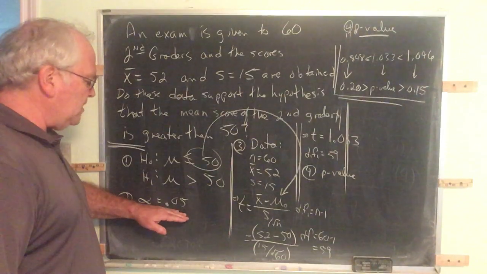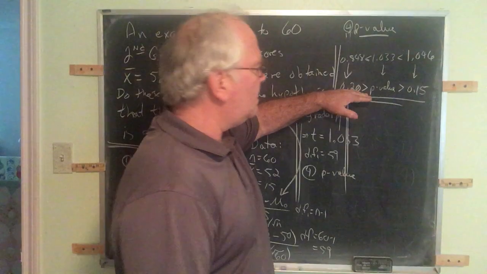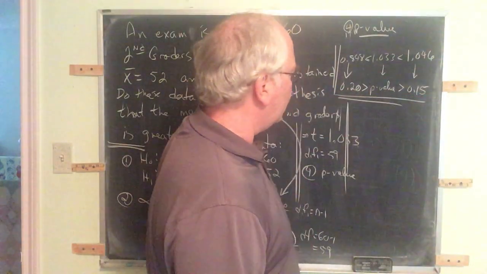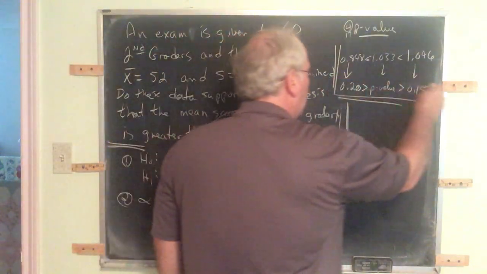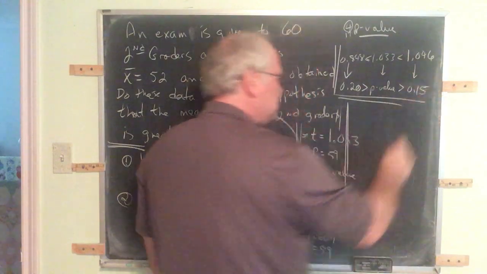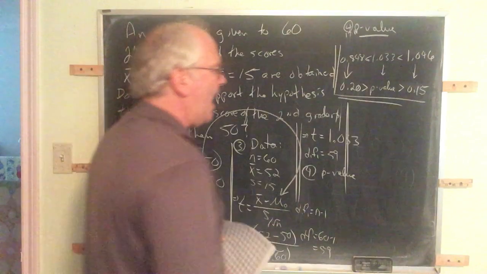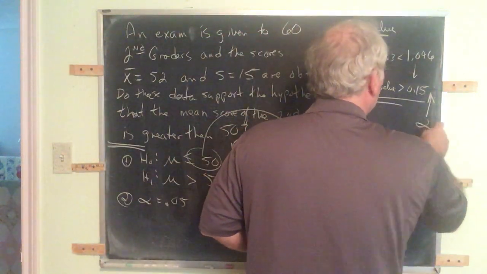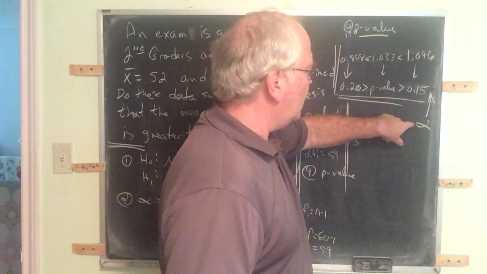Again, think of this as 5%, think of this as 20%, think of this as 15%. And the question is, where does 5% fall in this inequality string? Papa bear, mama bear, baby bear, we need something even smaller. We need little embryo bear, 0.05. So our alpha value falls way over here to the right.